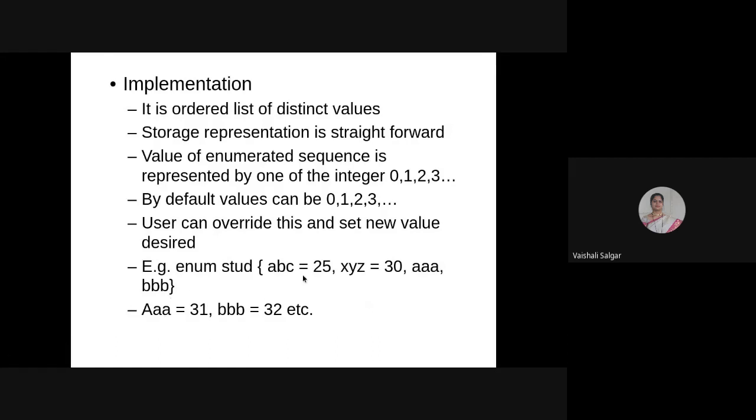So ABC will take 25, XYZ will take 30, but AAA will not take 35, it will take 31. Whatever previous value you assigned to that atom, it will increment by 1. So for AAA it will be 31 and for BBB it will be 32.